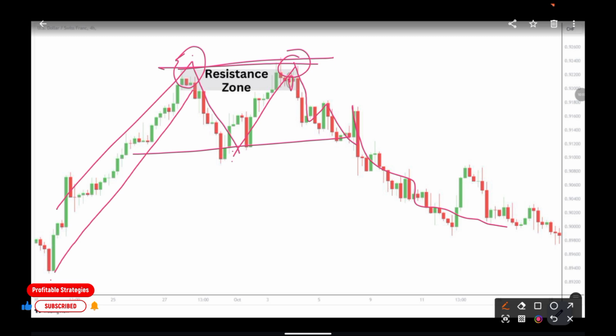So knowing how to trade doji is very, very key. When you incorporate doji into your trading strategy and you are patient enough to wait for confirmation, you'll be getting good trades. It works on any time frame, whether it's 5 minutes, 15 minutes, 1 hour, 4 hours, and so on.